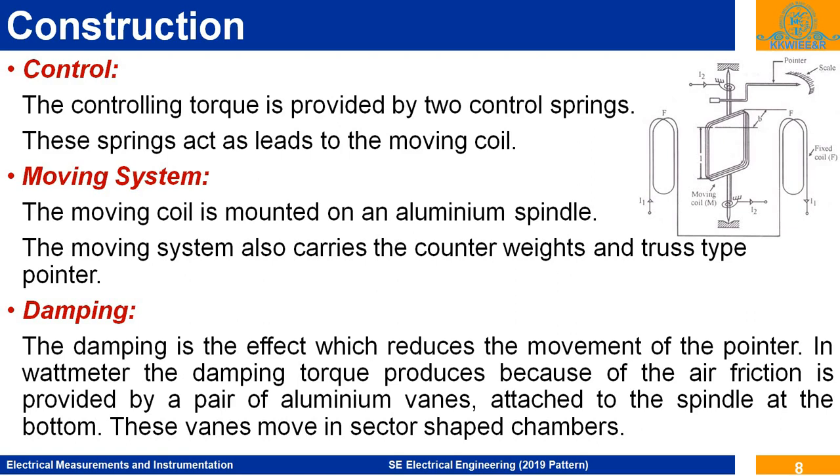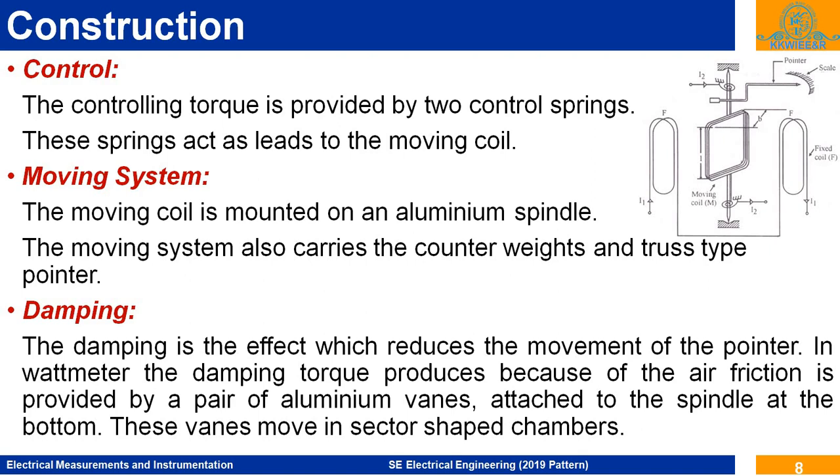So TD is equal to TC: the deflecting torque should be equal to the controlling torque. For that purpose, the control springs are used. One end is connected to the moving system, and the other end is fixed. This control spring also serves the purpose of current in and current out for the moving coil.